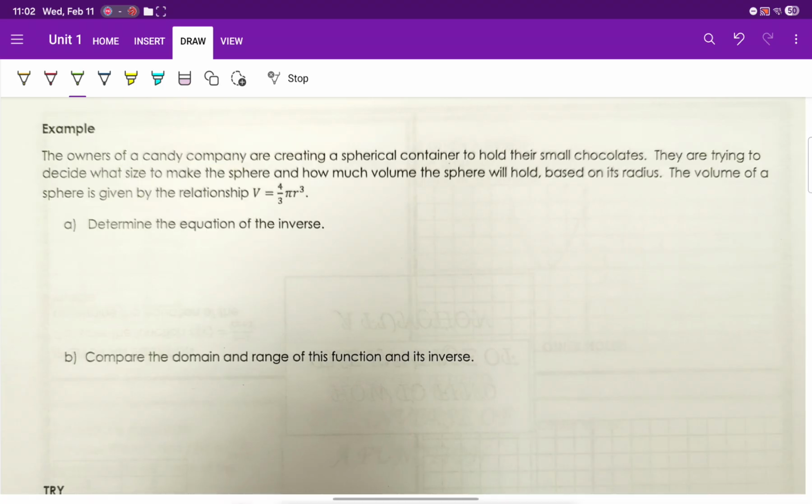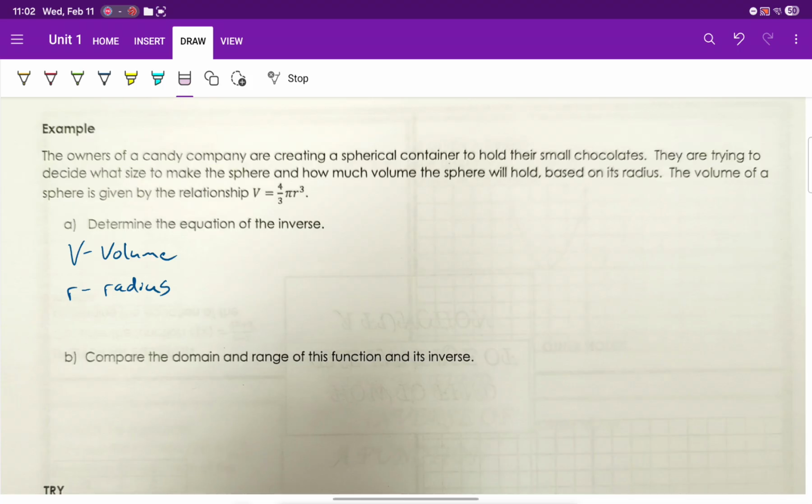Now, typically, when we're looking for an inverse, our very first step is to swap our x and our y, or to swap our variables. In this case, our variables are V, which is volume, and r, which is radius. Now, because there's context to this question, and V represents something very specific, like volume, and r represents something very specific like radius, we're not actually going to swap the variables in this case.